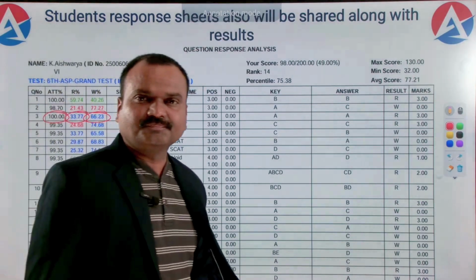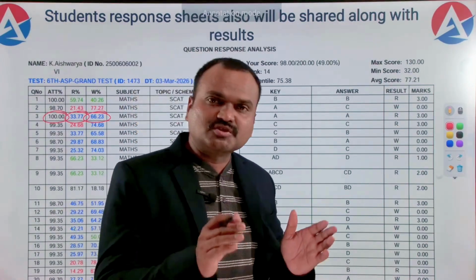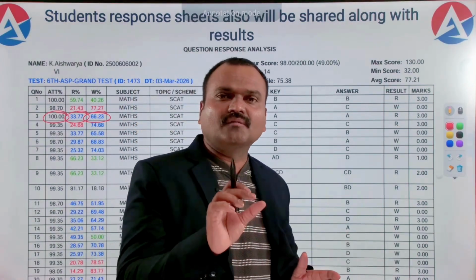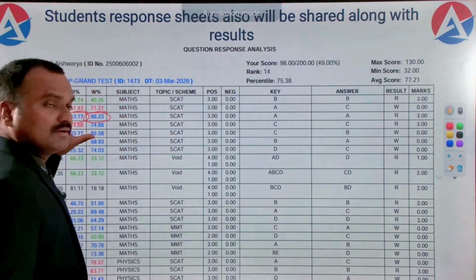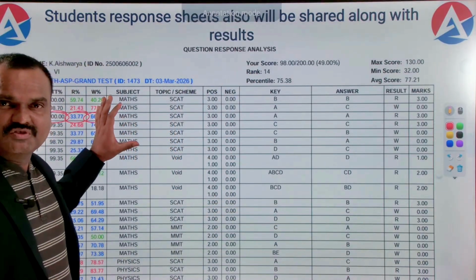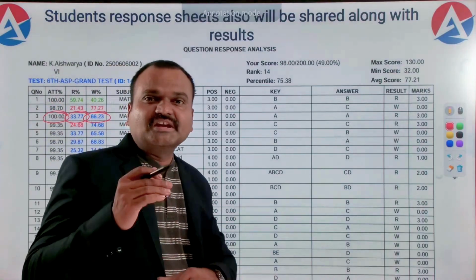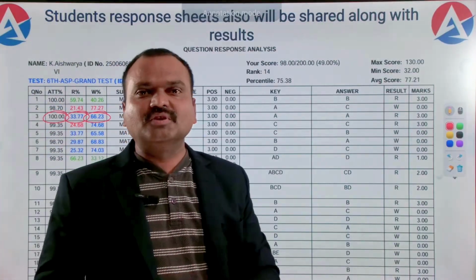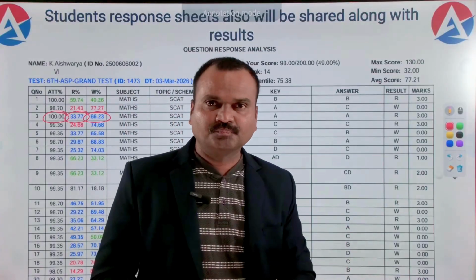That means this question is a little difficult, or it is designed from a tough concept. So if many students have made mistakes, it means it is a little tough question. We can explain the concept or the question once again in the classroom after completion of the examination. This will strengthen the students in that particular area also.